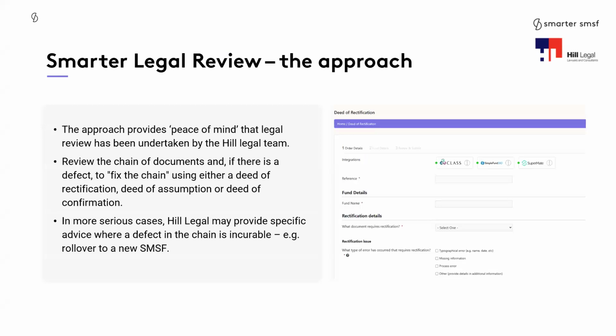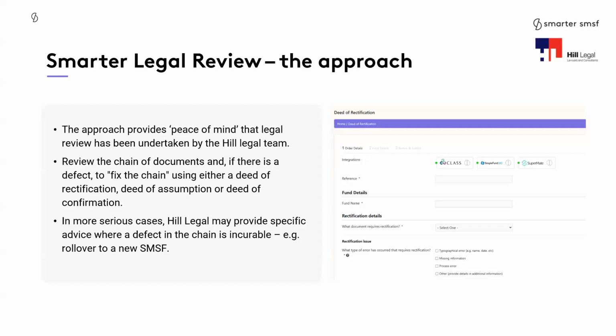The idea behind this, with the work of our legal partner at Hill Legal, is that we can now arrange for the preparation, most importantly, of that deed of rectification document. As part of this process, you will provide us with the relevant information based upon your understanding of the situation, and then look to have that break in the chain fixed.